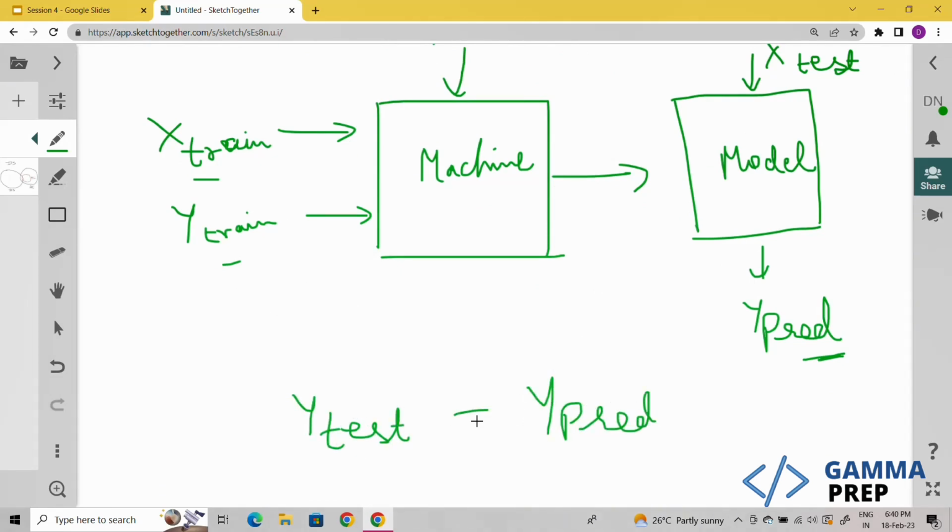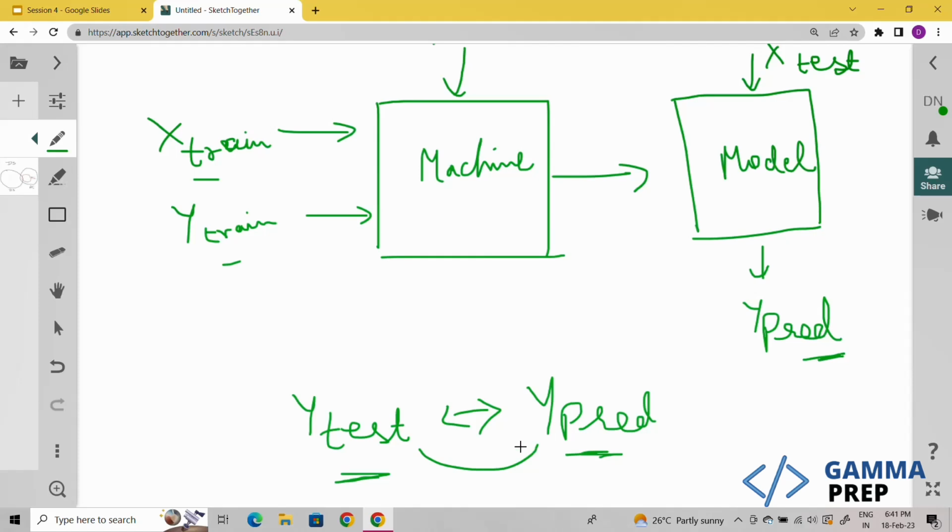We can compare these two and figure out if our model is giving us decent results or not. Our model will give us good results when our Y test is very close to Y pred. If it is not, then our model is not doing good, because these are what the actual values are, but this is the prediction that is made by the model. Our model should be as close to the actual values. So if these two are similar, then our model is doing good. If it is not, then our model is not doing good, and we need to change the model or train it again, or make it better in some way.